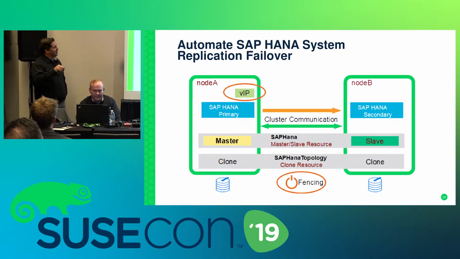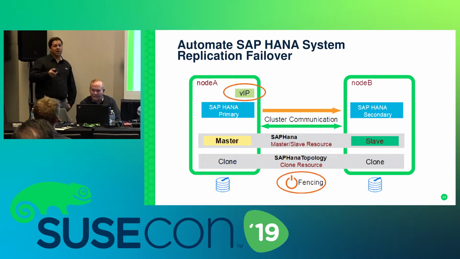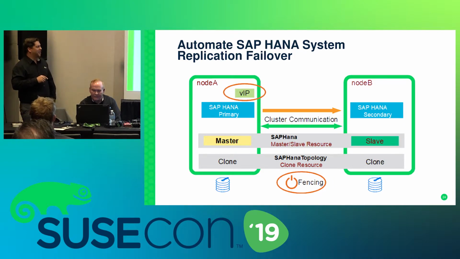And once a failure is found, that slave becomes the master, or primary as it's called, and it moves that virtual IP from node A to node B. We will go through some of those AWS specific agents, such as the fencing mechanism, which is not the traditional fencing that we use on bare metal systems. It's a HANA specific one, as well as the VPC Move IP.